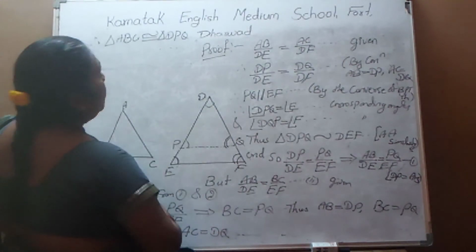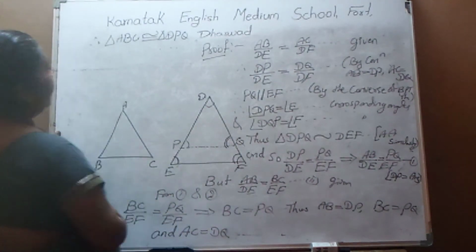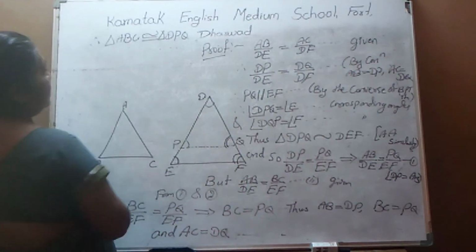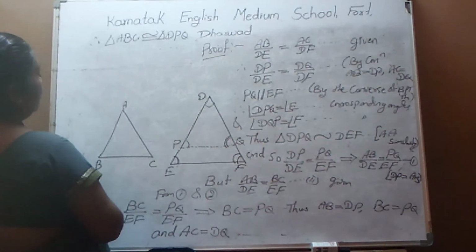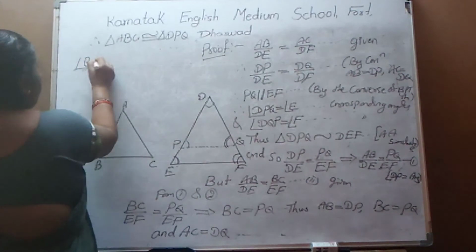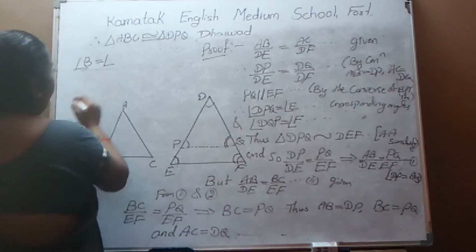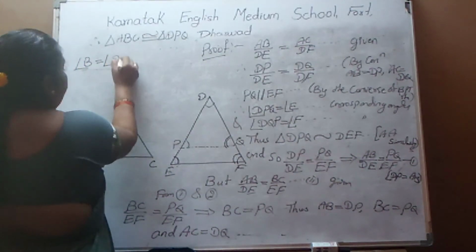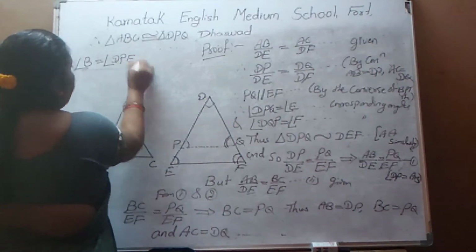So these two triangles are congruent. When these two triangles are congruent, angle B equal to angle DPE.